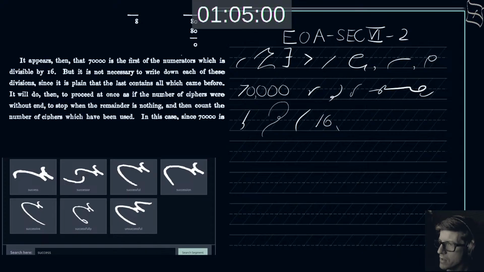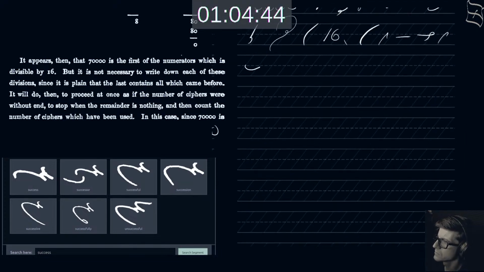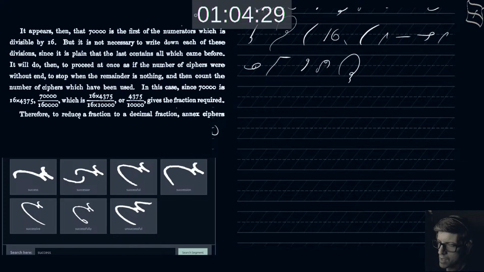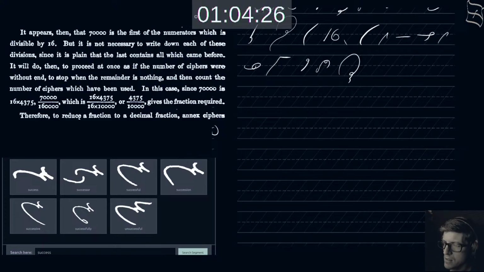But it is not necessary to write down each of these divisions, since it is plain that the last contains all which came before.